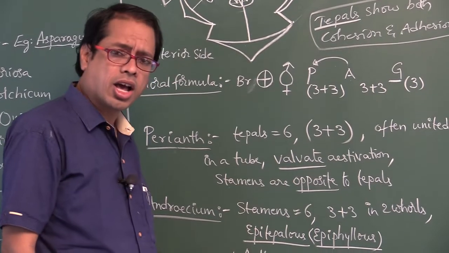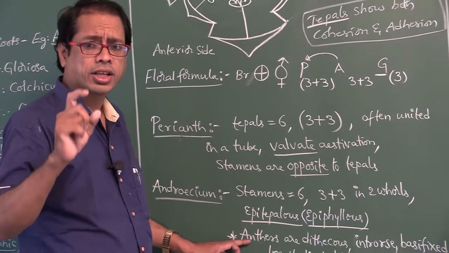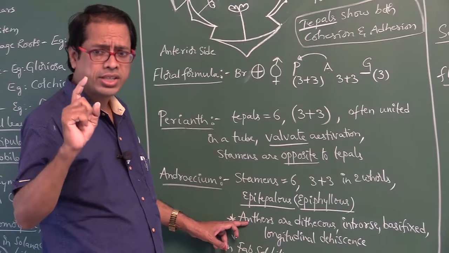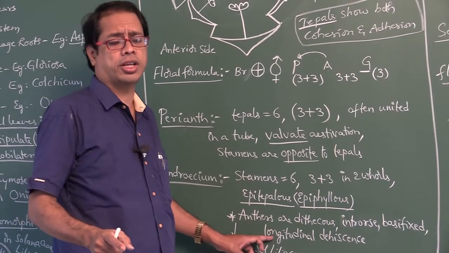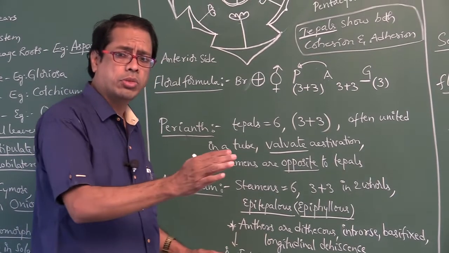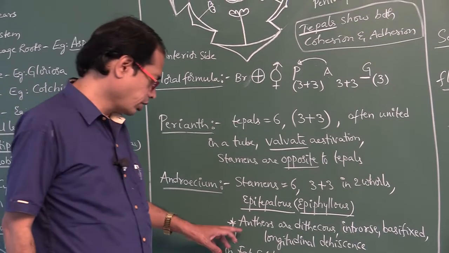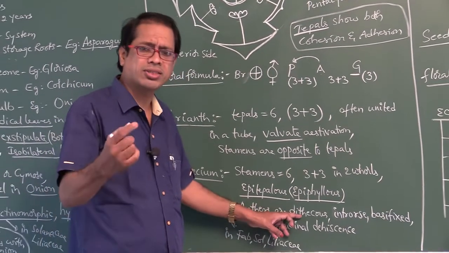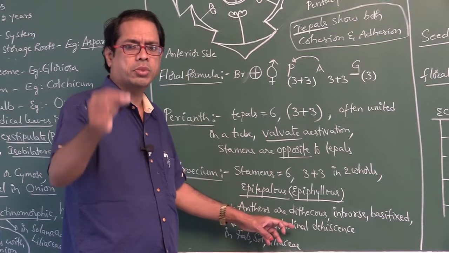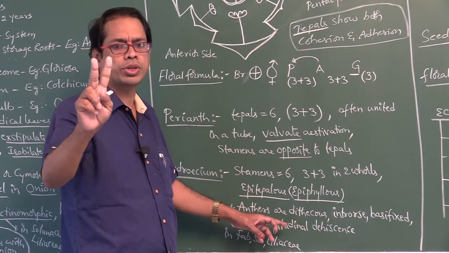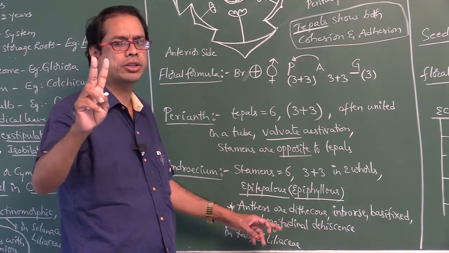Next, anthers are dithecous, introrse, basifixed, with longitudinal dehiscence. These points are similar in Fabaceae, Solanaceae, Liliaceae. So the anthers are dithecous. What does it mean? Each stamen is having 2 anther lobes. Di means 2, theca means anther lobes.